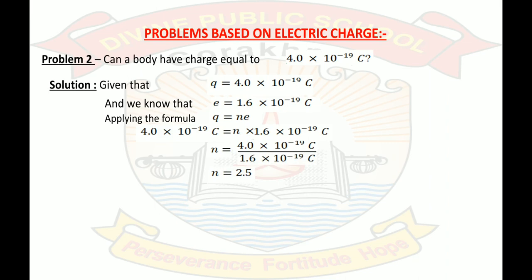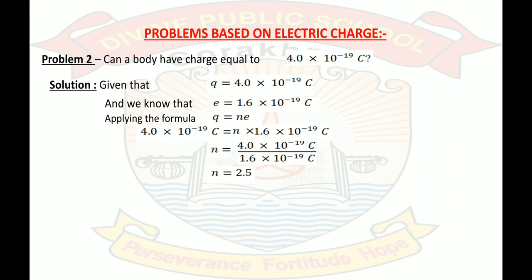Now, earlier we have studied that n is an integer, but in this question when we solve for n, we get 2.5. Obviously 2.5 is not an integer, and since it is not an integer, that charge is not possible. This charge on a body is not possible because n is equal to 2.5.